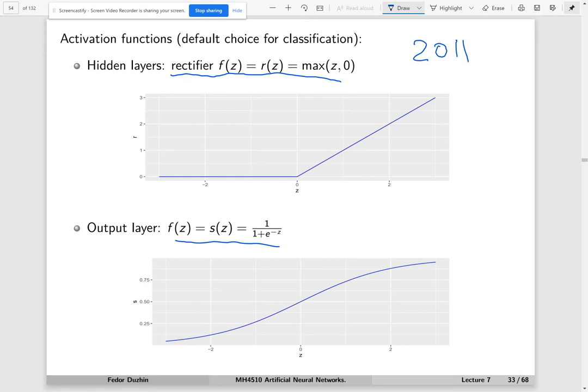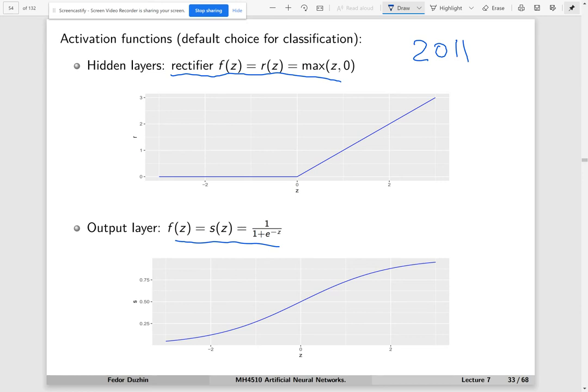But then, just 9 years ago, people realized that it's not very good, and there is a better choice, and this led to a drastic increase in the speed of training artificial neural networks.